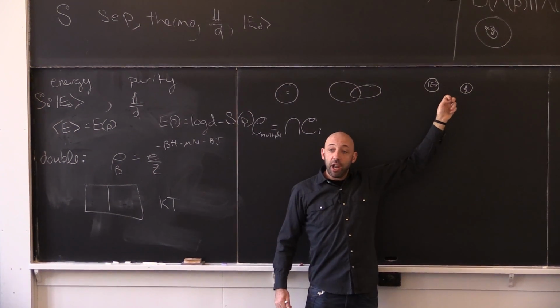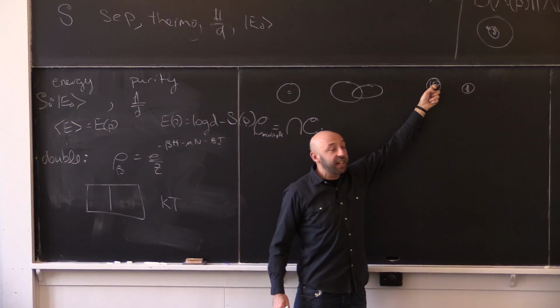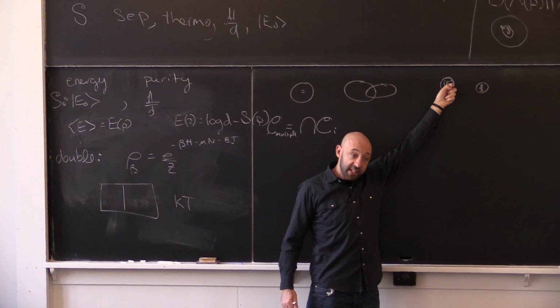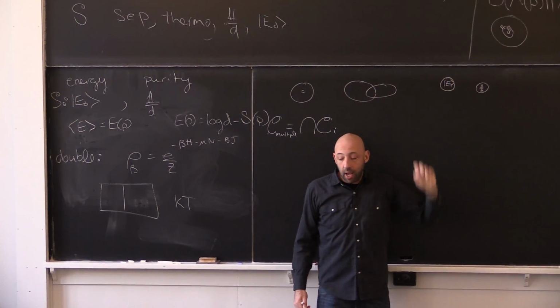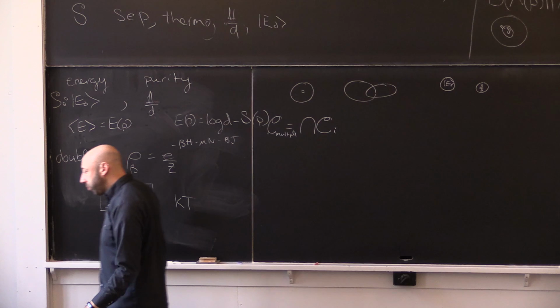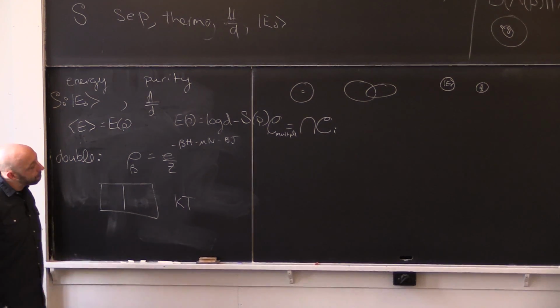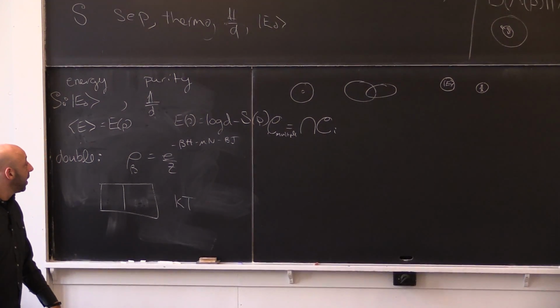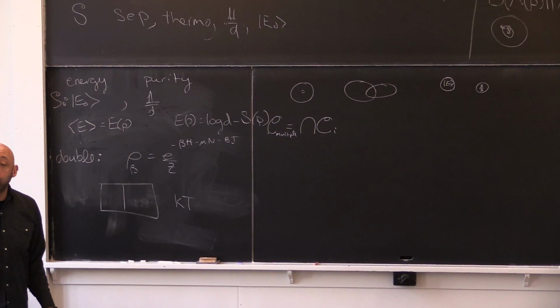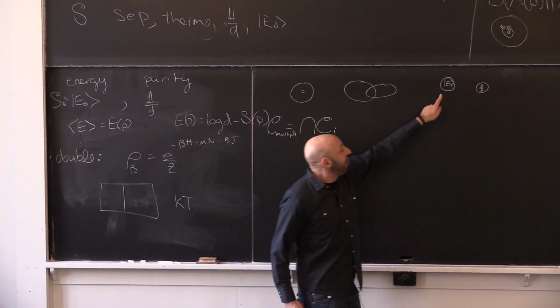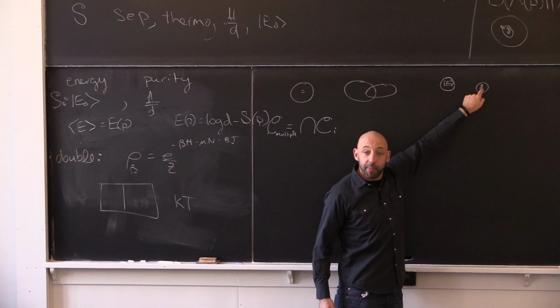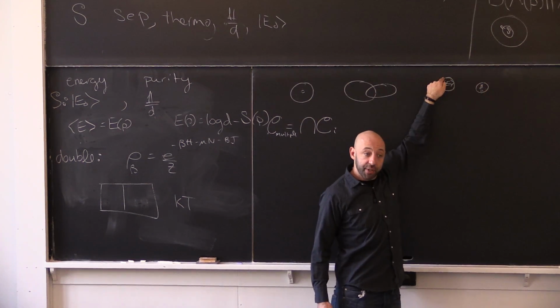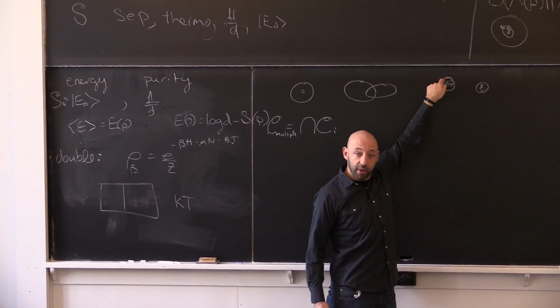If you are given one of these states, the class of operations will keep you within that set. But we don't give them for free, because it's very clear that anything from this set is a resource for something from this set, and anything from this set is a resource for the resource theory which has this set as the set of free states.